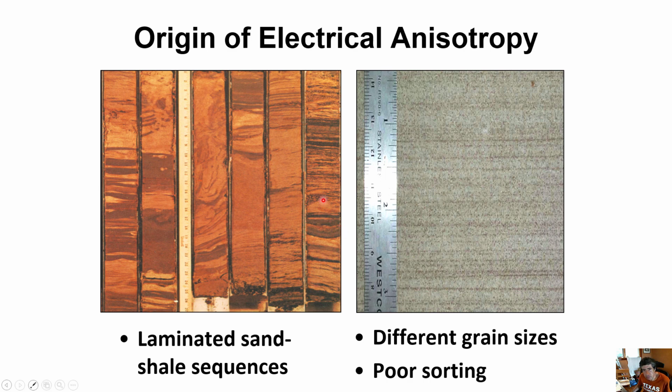You will have one direction parallel to bedding plane, and you will have another electrical resistivity perpendicular to bedding plane. So the question is, okay, now that I have the two, which one do I need to use in Archie's equation to calculate the sandstone hydrocarbon saturation? This is parallel to bedding plane, and this is perpendicular to bedding plane. And that's what I'm going to talk about now.